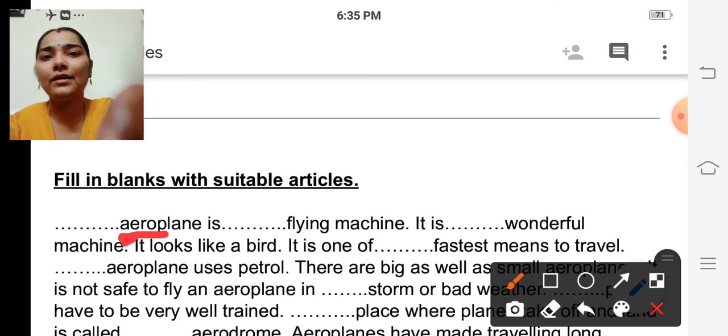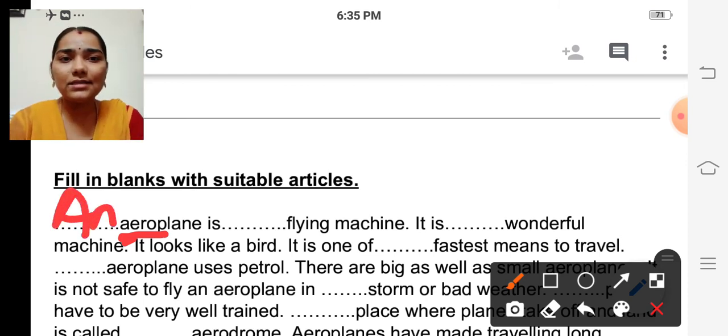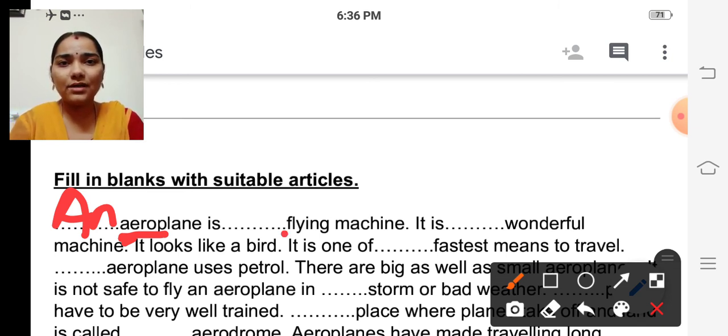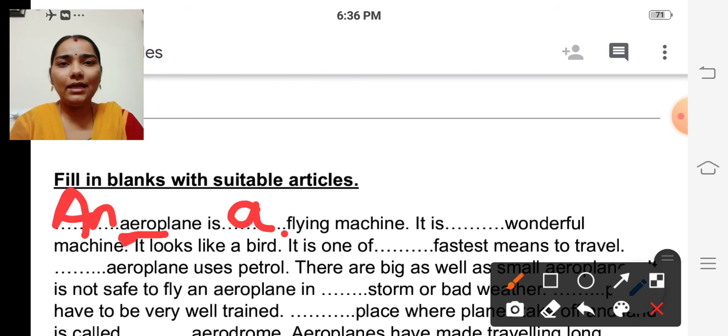An aeroplane. So an aeroplane is dash flying machine. F, flying. F is not a vowel. So which article should come? An aeroplane is a flying machine.